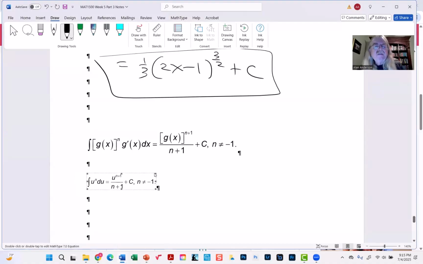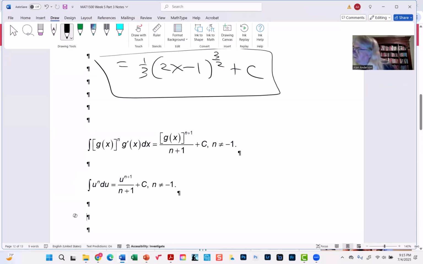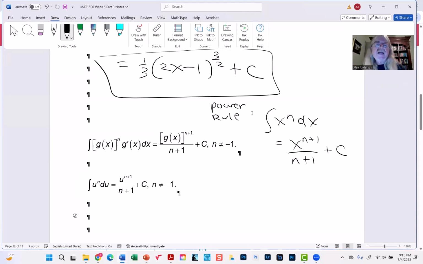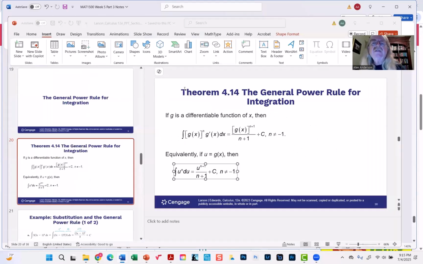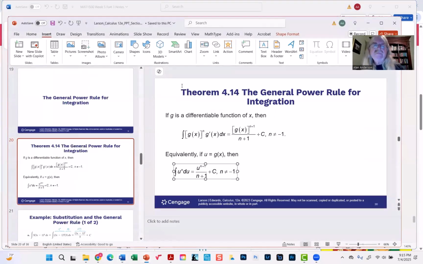Now, keep in mind that u is a function of x. So if you have x, this is the regular power rule. This is now known as the general power rule.